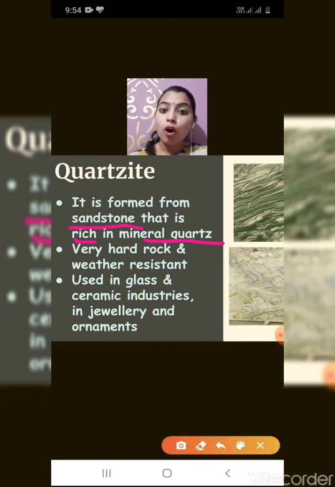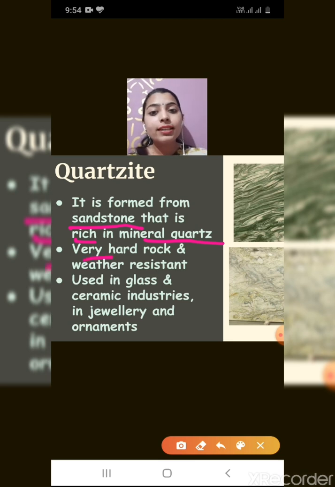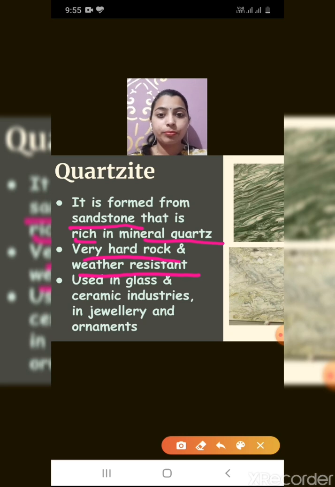Alright. It is formed from sandstone that is rich in minerals. Which mineral? Quartz. The name of this mineral is there in the name of this rock, quartzite. It is a very hard rock and weather resistant.